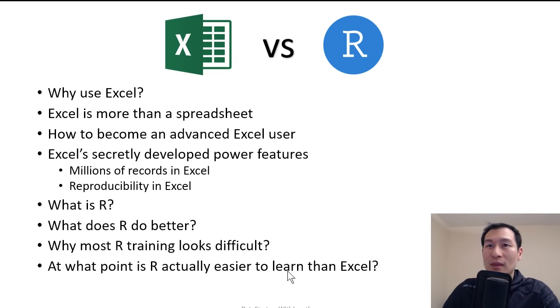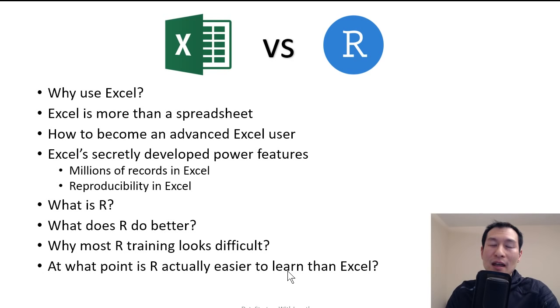And so this is going to be going into how to become an advanced Excel user, the typical path, as well as what my recommendation would be if you wanted to actually become an advanced Excel user today. Then I'm going to be going over some things like Excel's secretly developed power features, right? These are the kind of things that allow you to actually deal with millions of records in Excel, even though there's only a million rows, right?